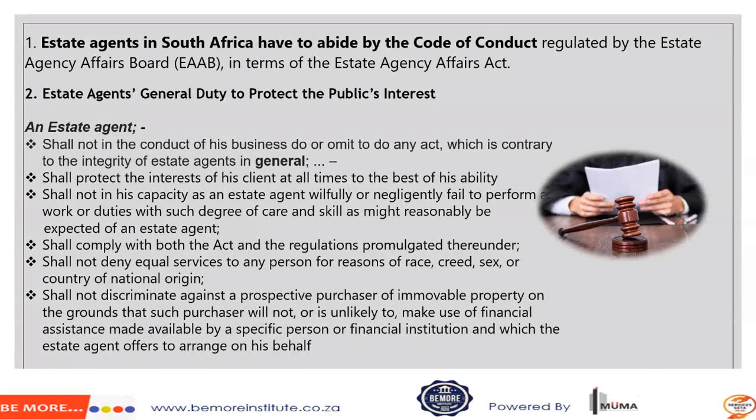You must never judge anybody by how he looks or how he appears, because that doesn't mean that he cannot pay. So one must be very, very discreet on that and never discriminate against anybody if they request you to purchase a property.